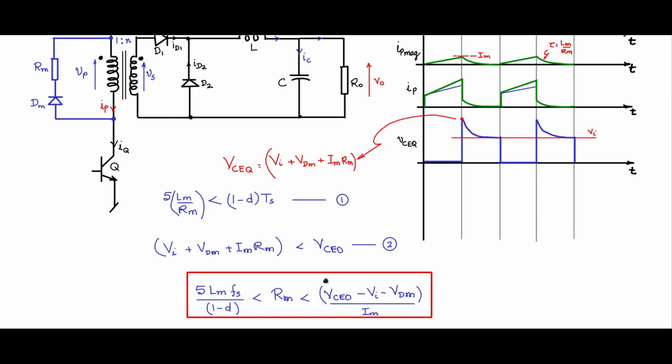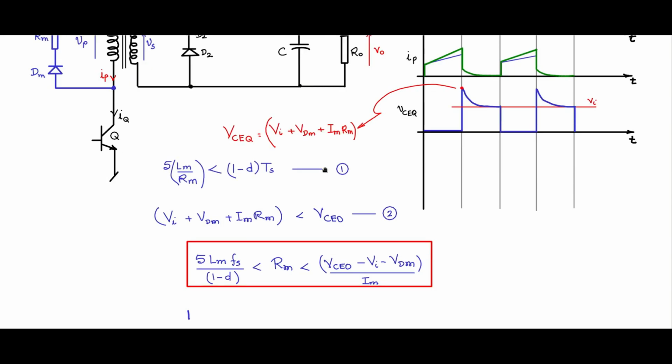Now what is the power rating of Rm? So you see that when this is switched off, the current Im starts freewheeling through Rm. The energy in the magnetizing inductance at this point is half Lm Im square. Now that much amount of energy has to dissipate. Then only the core will reset. So that has to dissipate only in Rm, because Rm is the only dissipating element.